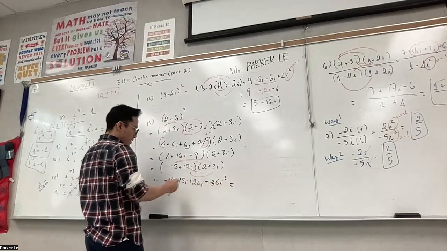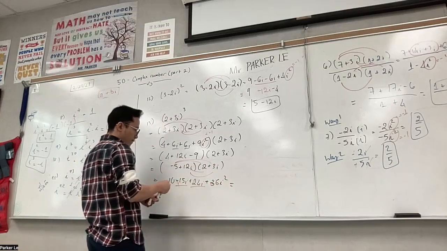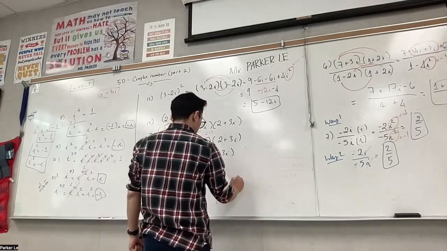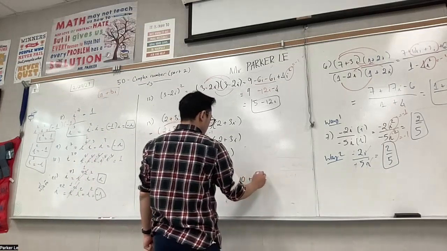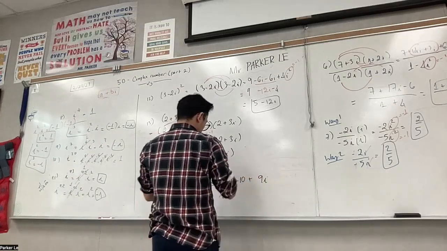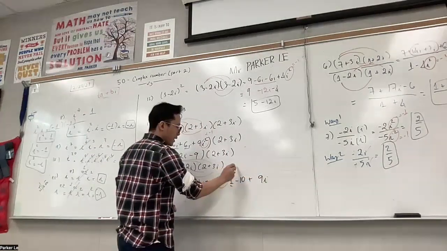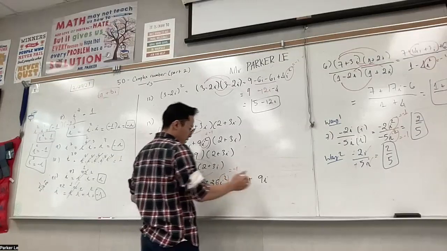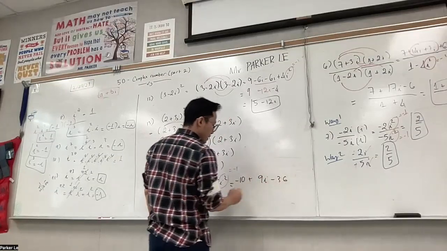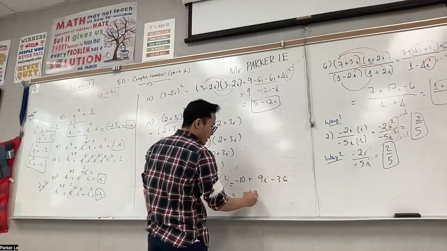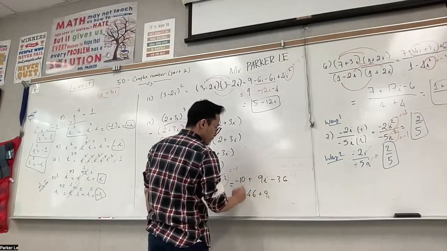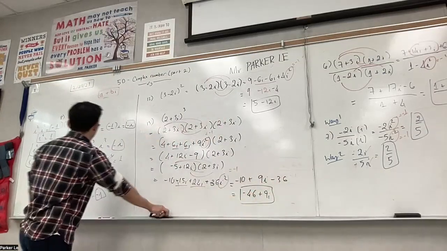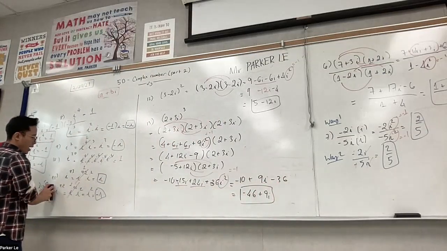Combine the terms: negative 15i and 24i is 9i. i squared is negative 1, so 36 becomes negative 36. Combine the terms again. It's just a lot of writing.